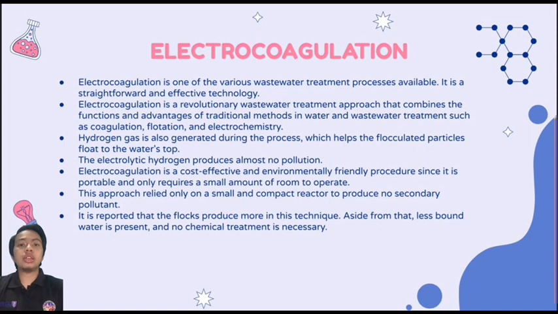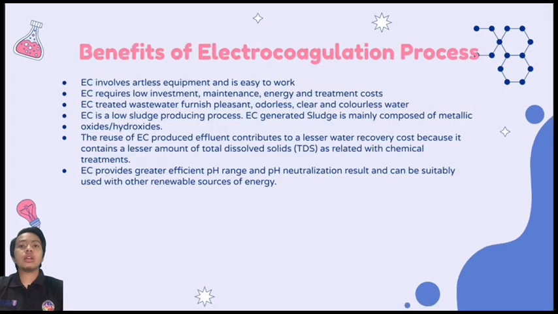It is reported that the flocs produced are more in this technique. Aside from that, less bound water is present and no chemical treatment is necessary. For the benefits of the electrocoagulation process, EC involves less equipment and is easy to work with. EC requires low investment, maintenance, energy and treatment costs.